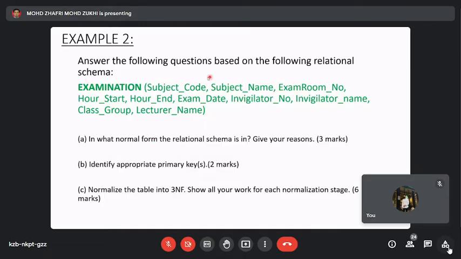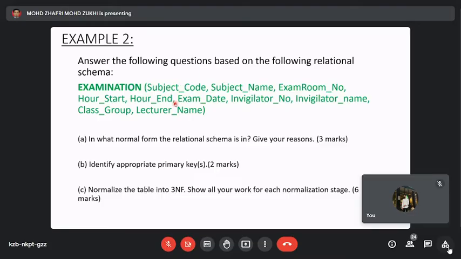Okay. Selalunya soalan dia akan start dengan composite entity dulu. Okay, macam tadi composite dalam bentuk table, walaupun dalam bentuk table dia masih composite entity. Ini pula dalam bentuk relation schema still in a composite entity because within the attribute within this entity comprised of several entity. You boleh extract into several entity.